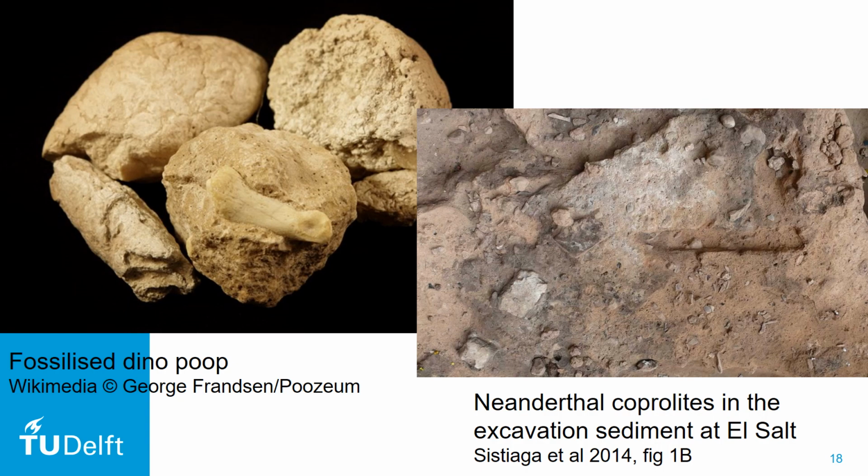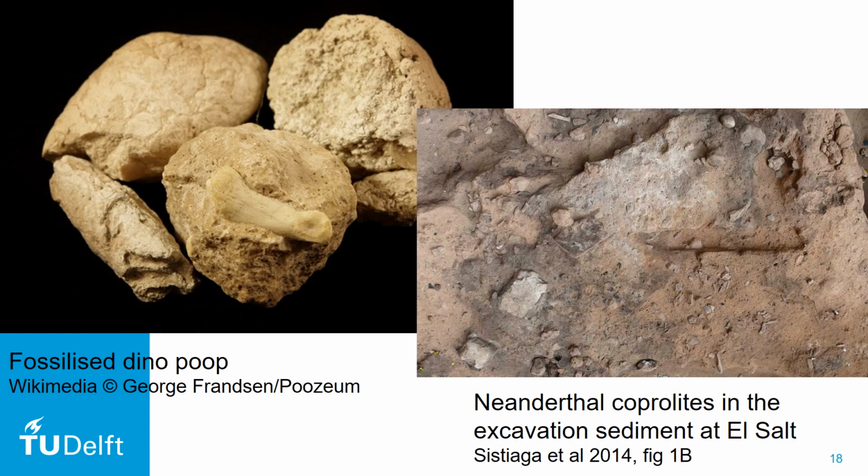Okay, so lastly, let's look at plant remains that are so small that they are only chemical signals. We can find these chemical signals in sediment, but also in prehistoric poo, coprolites. Here you see an example of a dinosaur turd, or coprolite, and there is a foot bone of its prey inside. So coprolites tell us what was eaten.